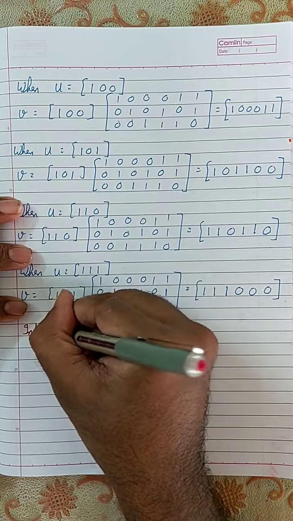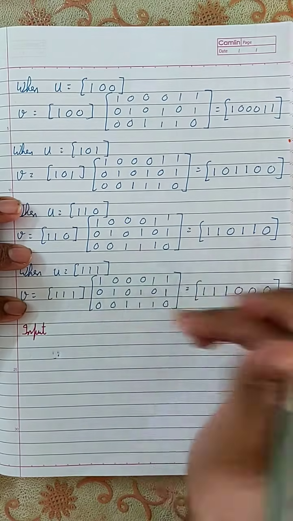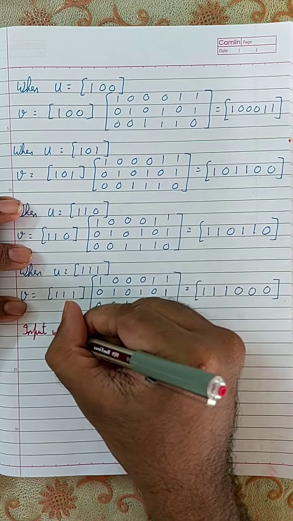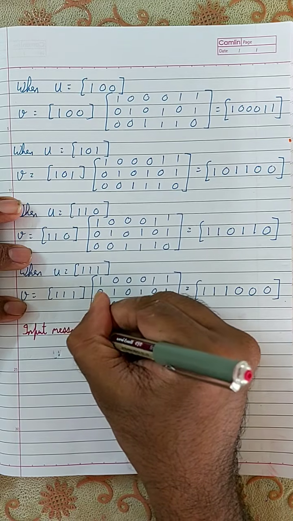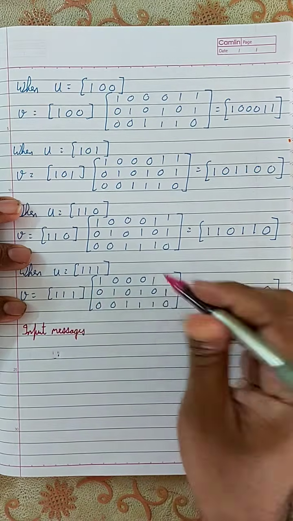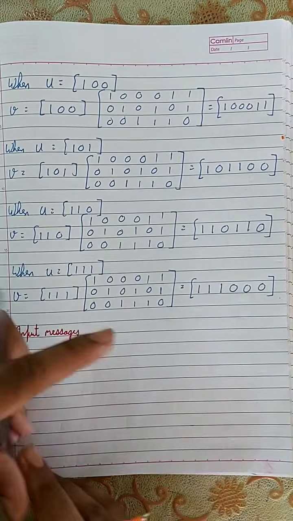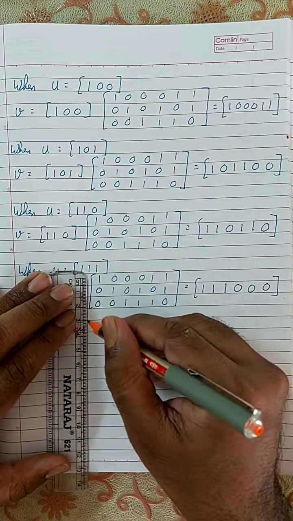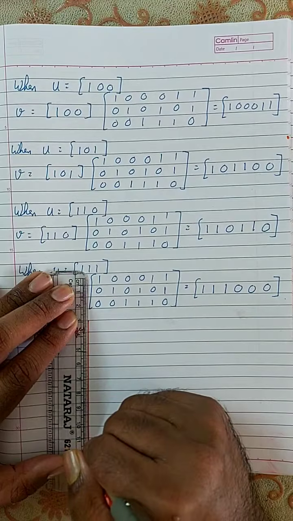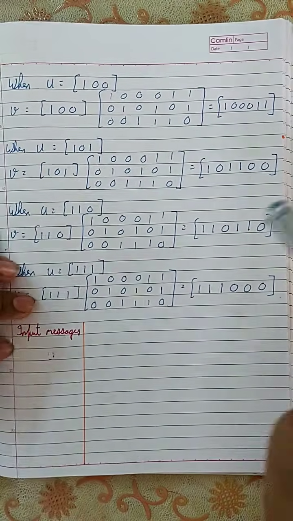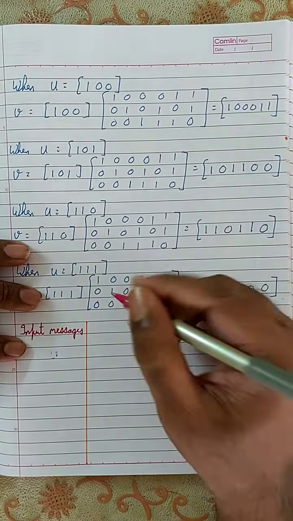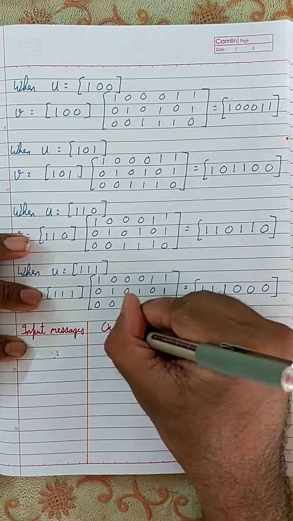You can give any name you want, or you can call it input vector and output vector. That's also correct. So, this is the input messages. And this is the output code words.